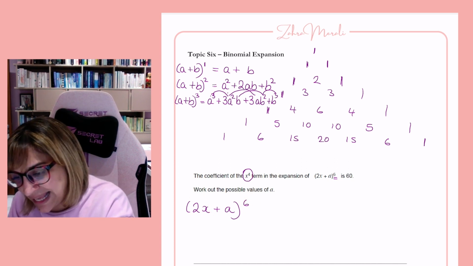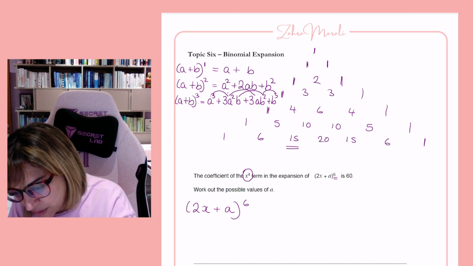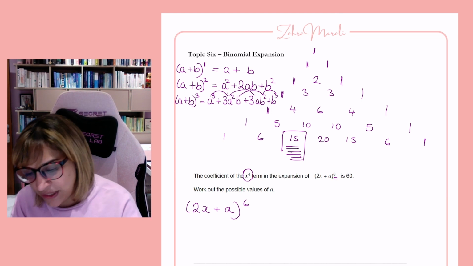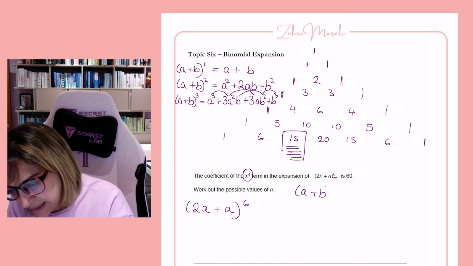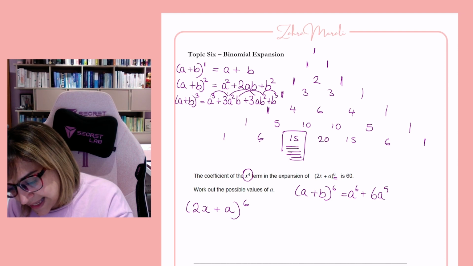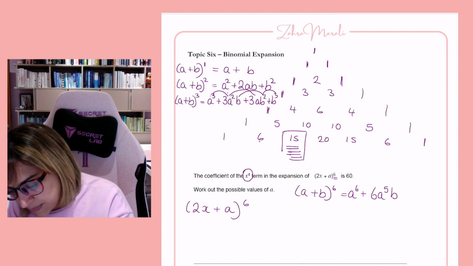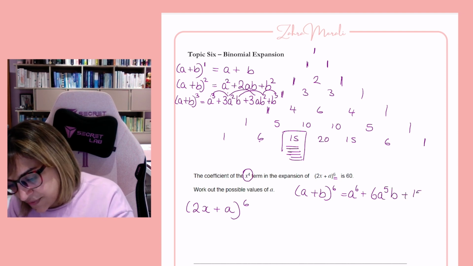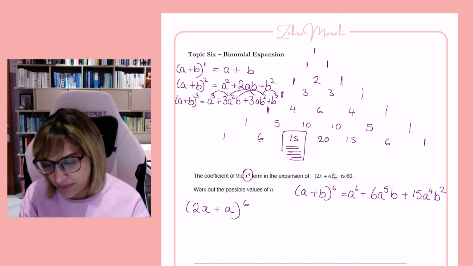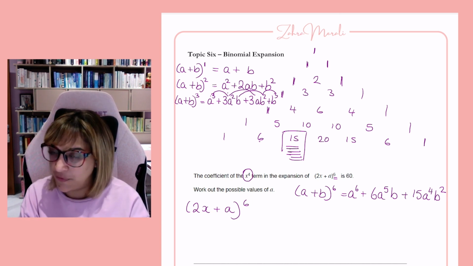And we realize that happens at this point here, when this is our coefficient. So if we had a plus b to the 6, I would have a to the 6 plus this coefficient here, 6a to the 5b plus 15a to the 4b squared. So when we get there, we stop because we've got our power of 4.